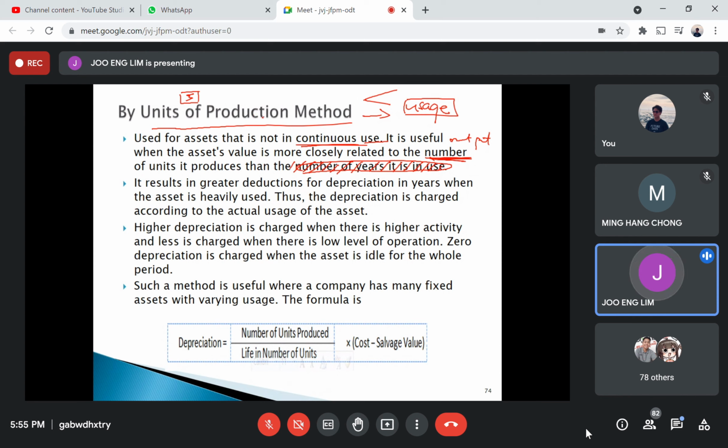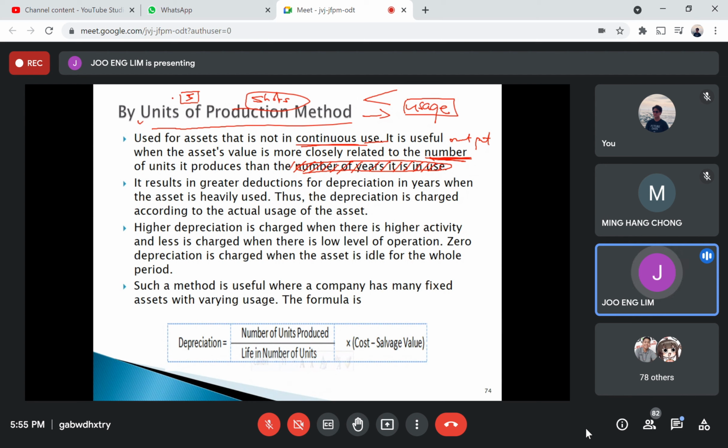So sometimes machine warranties are done by count: they tell you how many shots they are going to guarantee. Shots means the production cycles that you can use. I cannot warranty you by years; I can only warranty you by the shots that you produce.